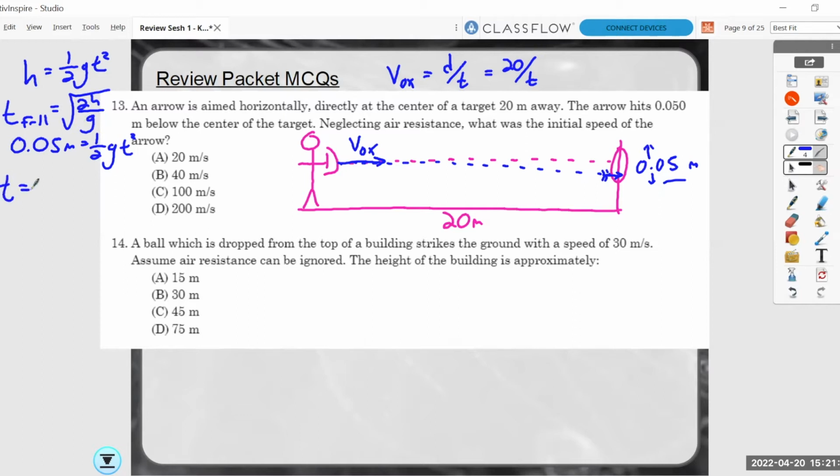So calculating this out, 2 times 0.05 divided by 10, since I'm again using 10 here, the time is 0.1 seconds. It takes 1/10 of a second to hit the target. How fast does it have to be going to do 20 meters in 0.1 seconds? That's going to be 200 meters per second for that one.